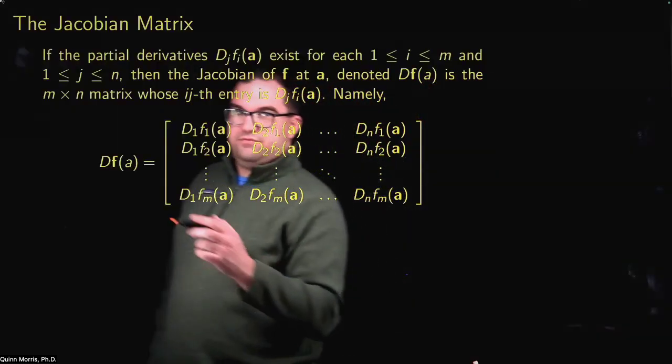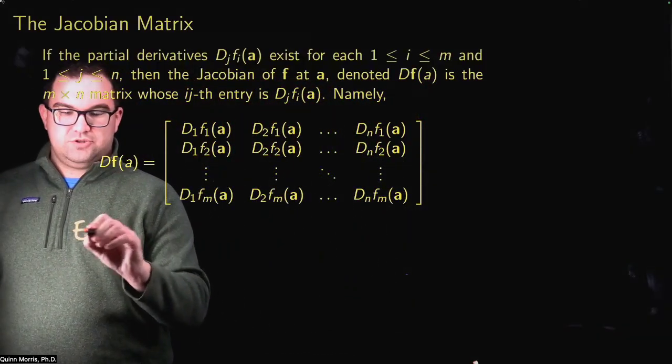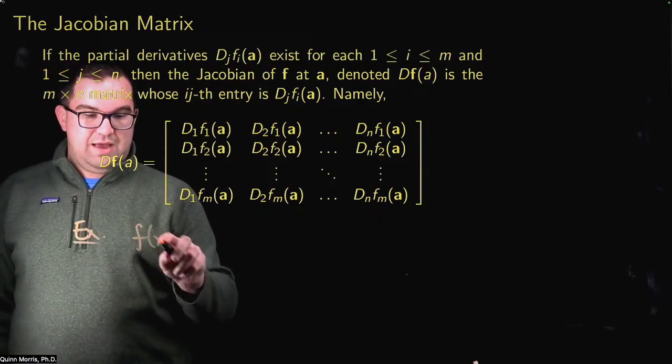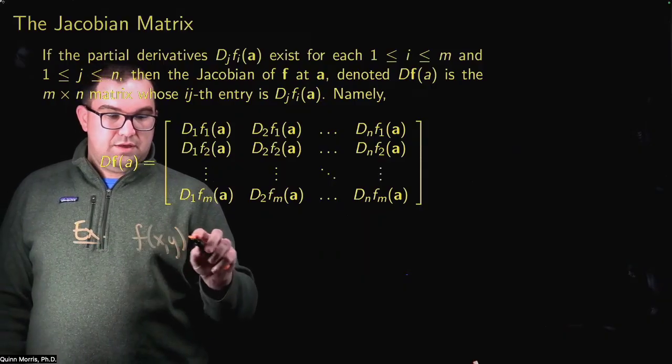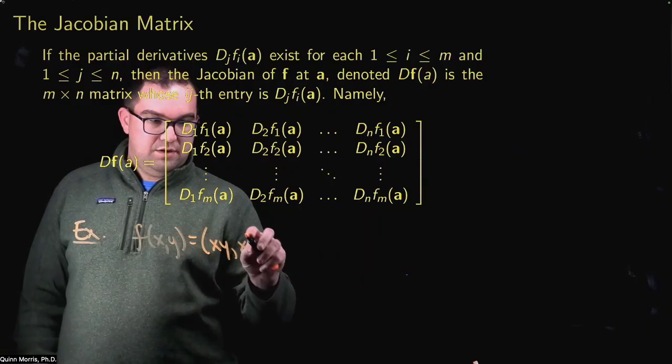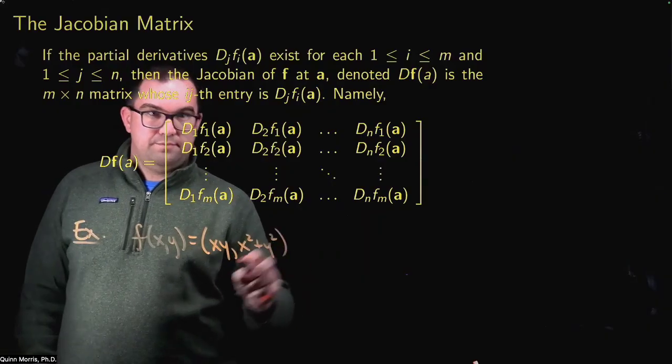Now, if you want to quickly make sure you can wrap your head around that, say f of (x, y) is equal to, let's just use that example from before, x times y, x squared plus y squared.